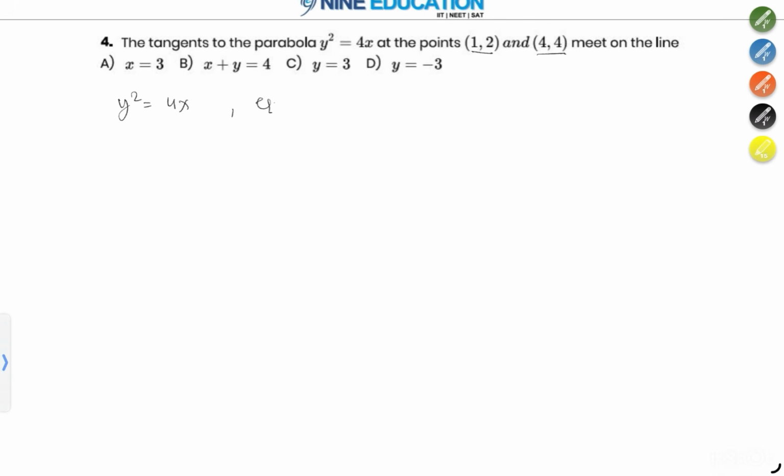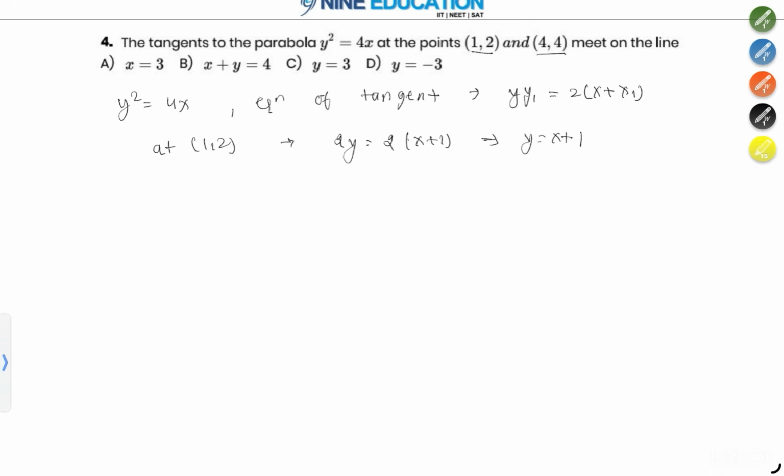So the equation of tangent to this parabola is going to be y y1 equals 2 times of x plus x1. So at 1 comma 2, we have the equation 2y equals 2 times of x plus 1, which we can say y equals x plus 1. So this is the first equation that we will have.